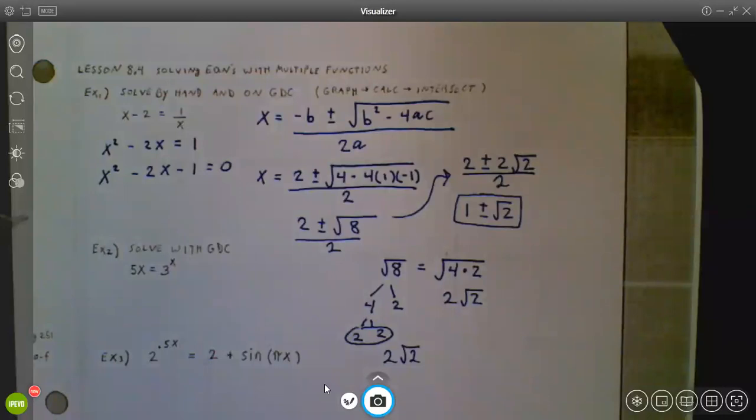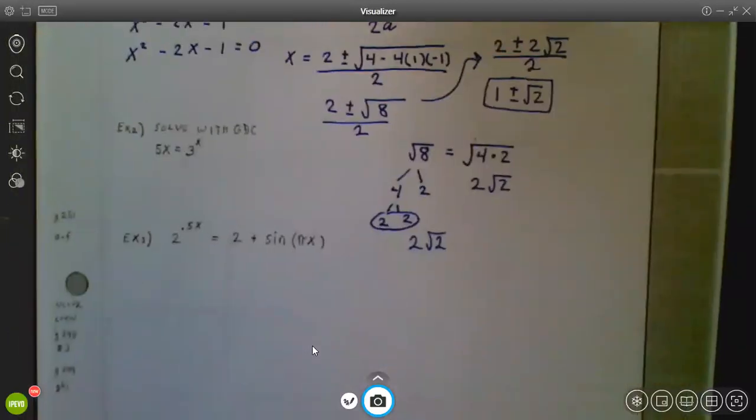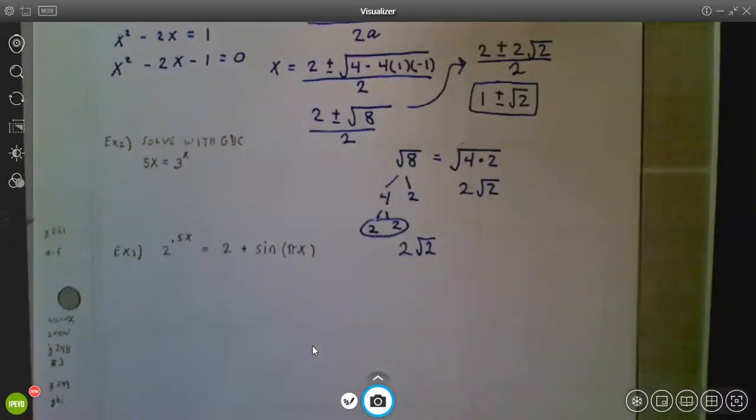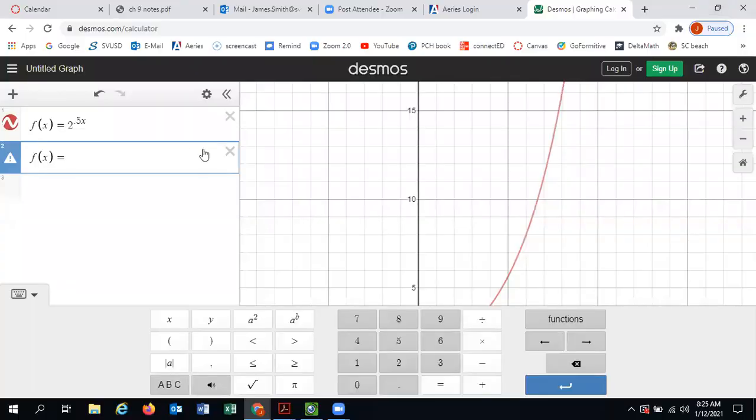And then I got this guy. So 2 plus sine pi x.